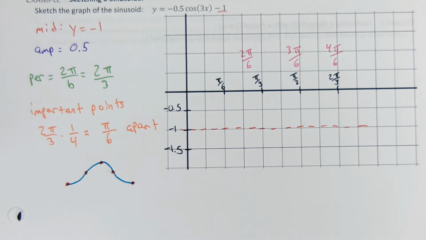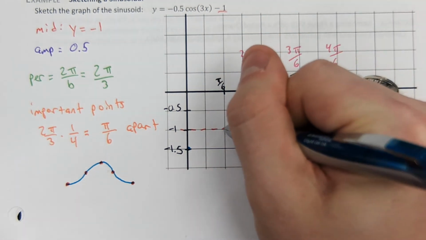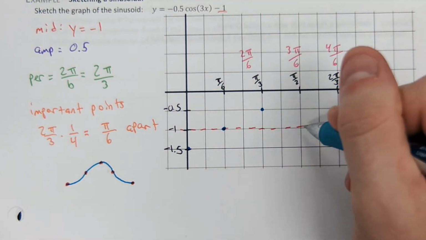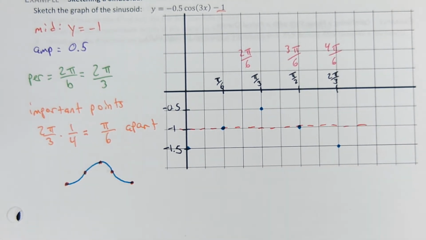So beginning at a minimum, ending at a minimum. And beginning, like we said, quote unquote, on the y-axis because we have not been shifted left or right. We start at a minimum, midline, maximum, midline, minimum. There's all 5 points.